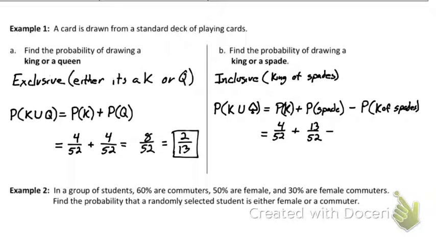And then we're going to subtract, there's only one card that has an overlap, and that's our king of spades, so we're going to subtract 1 out of 52. Adding all that together, we had 4 plus 13 equals 17 minus 1 is going to give me 16 over 52. So that's going to reduce down to 4 over 13 again.